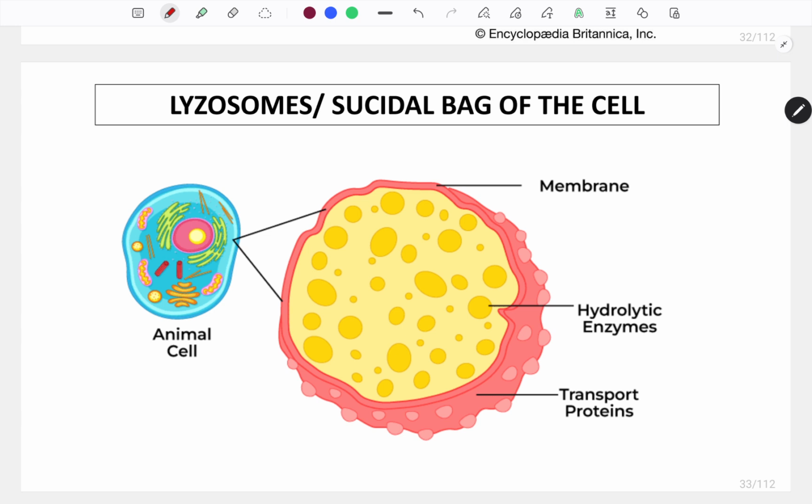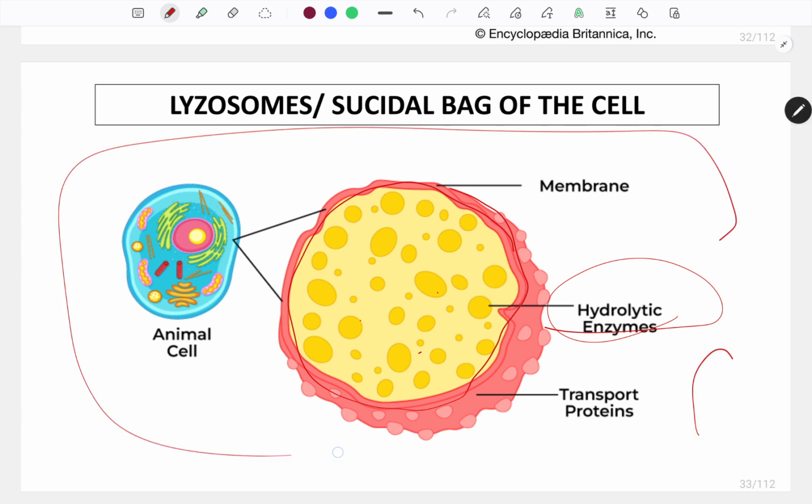This is the simple structure of the lysosomes. It is a single membrane covered structure, and inside it hydrolytic enzymes are present. To transport foreign substances from outside the cell to the inside, there will be transporters here.